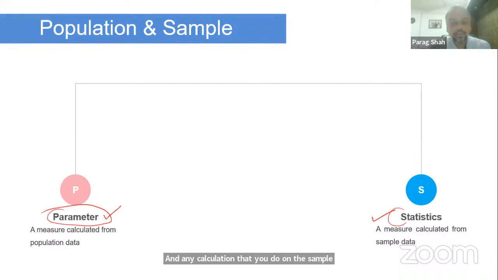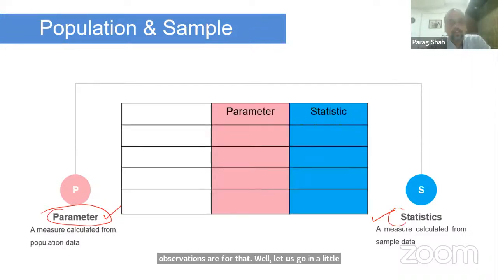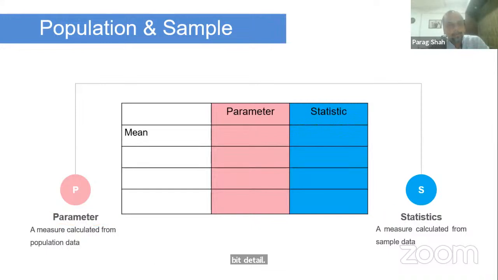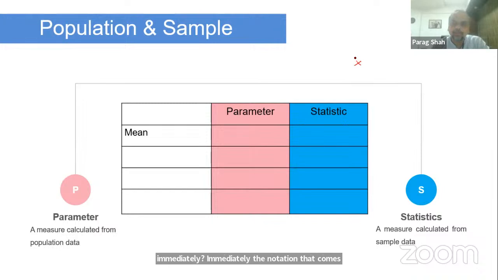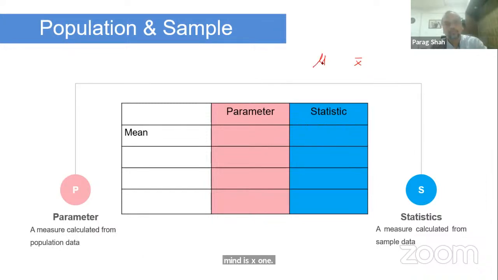Now let us go in a little bit more detail. When I talk about mean, what is the notation that comes to mind immediately? Immediately the notation that comes to mind is x bar. Then what is mu? Mu is also mean. The difference is this mu is for the population, so it is called a parameter.